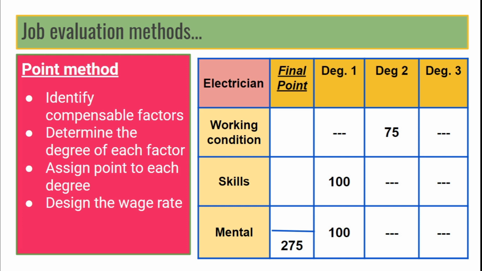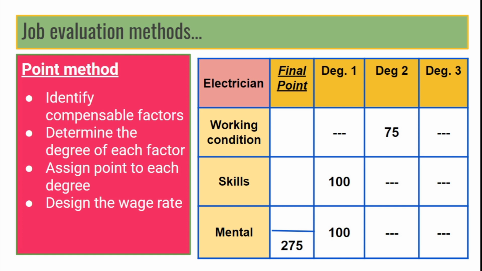Please also note, abrupt comparisons like comparing manager with an electrician will produce wrong results and confusion, as managers and electricians are part of different classes or groups as per compensable factors of a job.